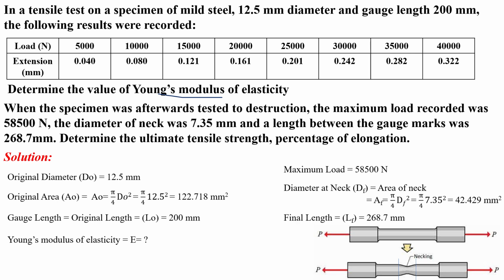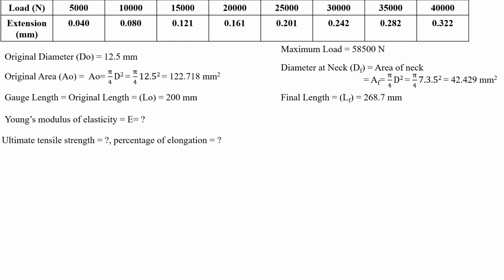And also given the final length of the specimen after the test, let's consider LF equal to 268.7 mm. So here we have to determine the Young's modulus, ultimate tensile strength and percentage of elongation. So let's see the calculations. This is the given data.